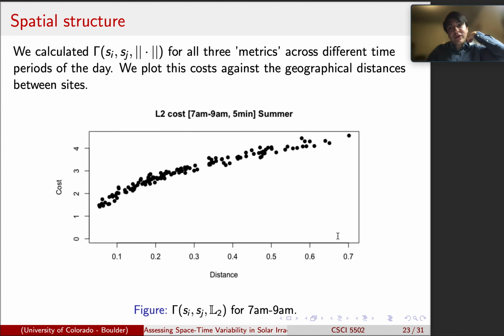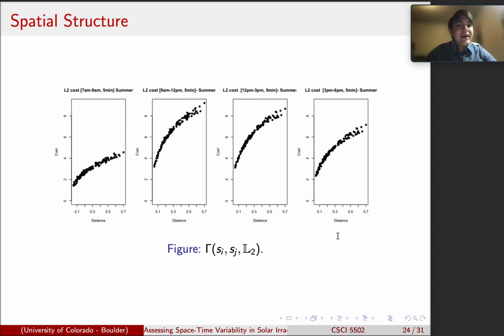Some other results we get: if we calculate this gamma function of all these three metrics as a function of distance, we are able to see what we wanted, that the distance between sites gets bigger as the sites grow in geographical distance between them.